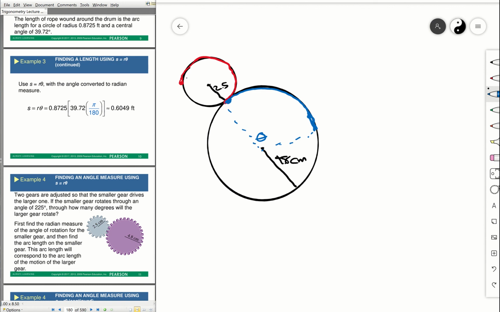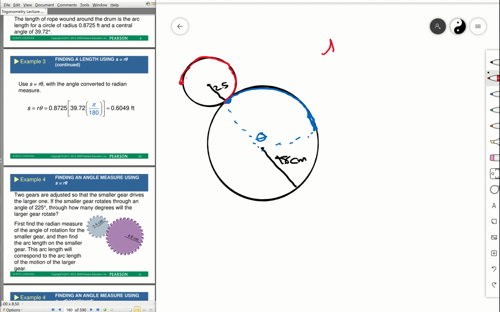The first thing we're going to do is actually find out what that length is, which is going to be the same whether a red dot is traveling on the small gear or a blue dot traveling on the large gear. So let's go ahead and calculate that.